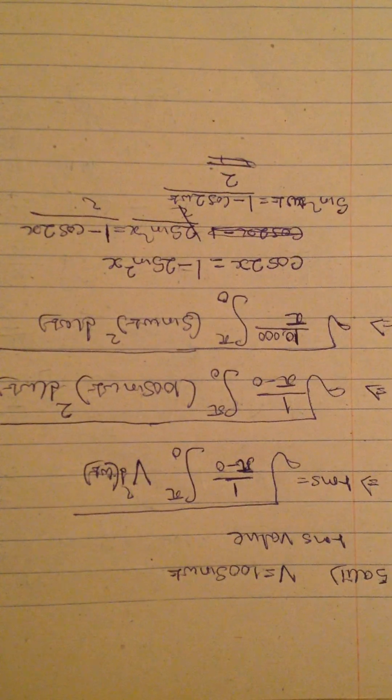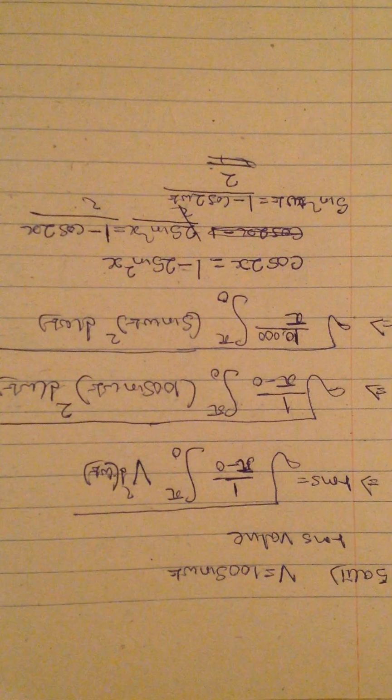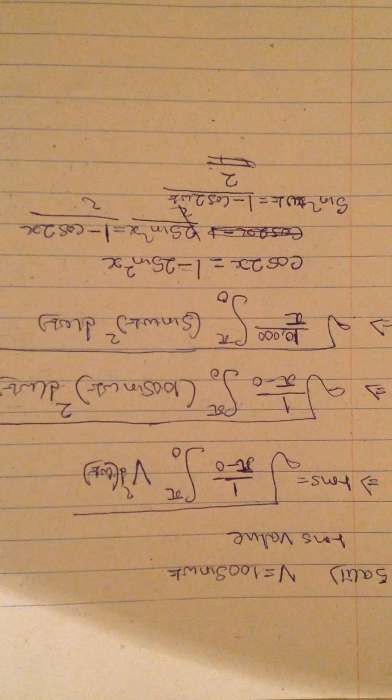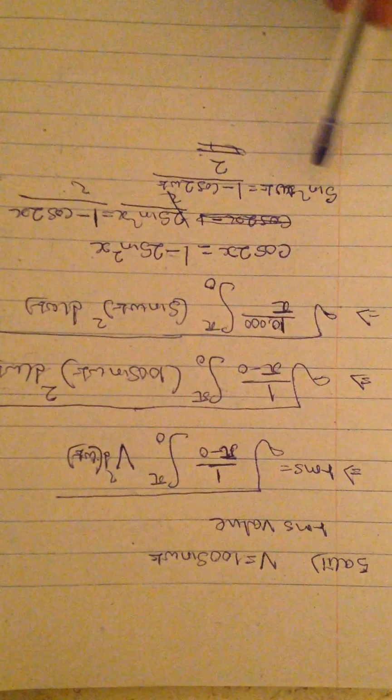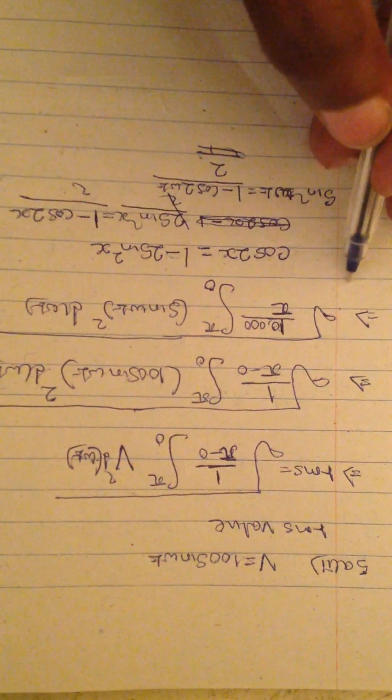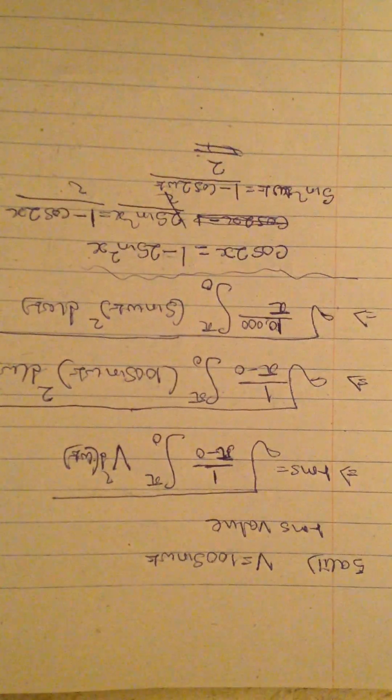Okay, so let me try to open another page. Okay, we have this. I'll start solving from here, the top. Our previous equation, rather the solvings, we have this. So we have the square root of 10,000 here over the pi.